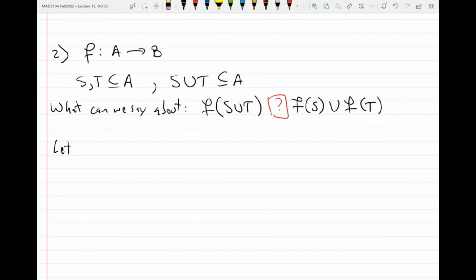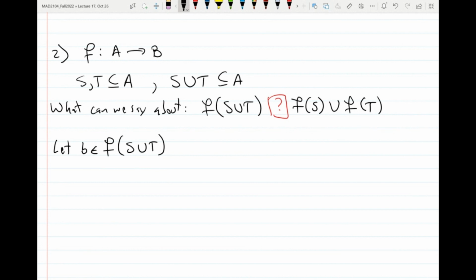This guy is in B, it's a subset of B. Yes, S and T are subsets of A, but when I apply the function, when I look at their image, this already was translated into B. So again, don't use misleading letters. Little b, so that you can also track yourself where you are. So then let little b be an element in the image of S union T.